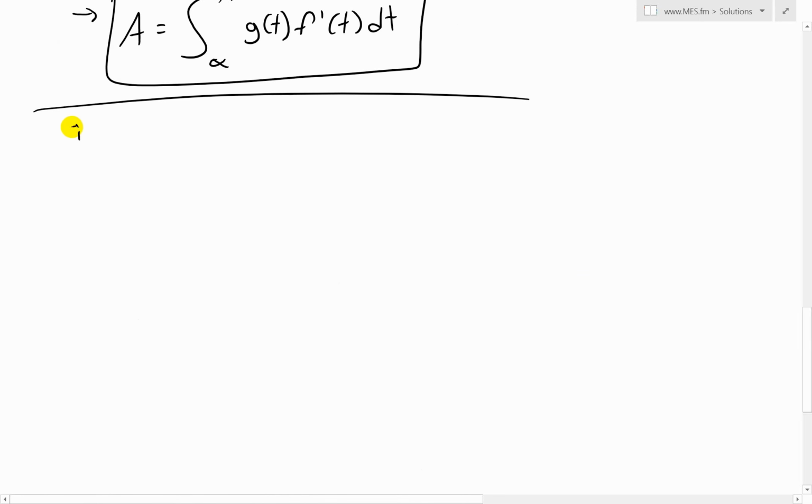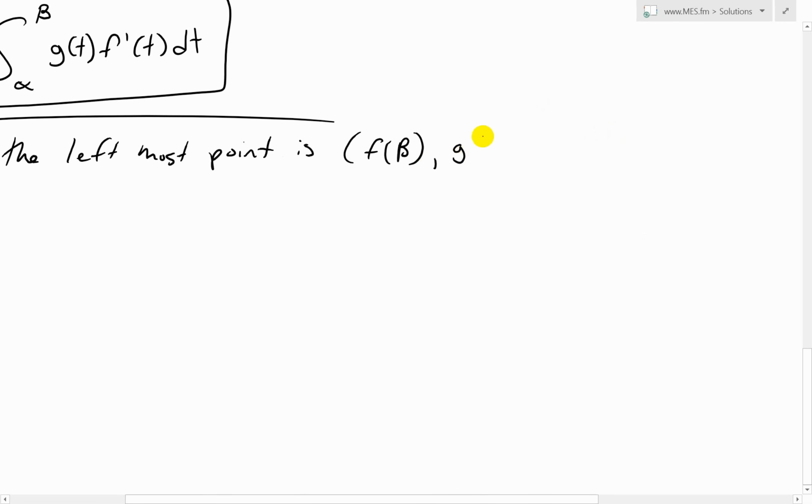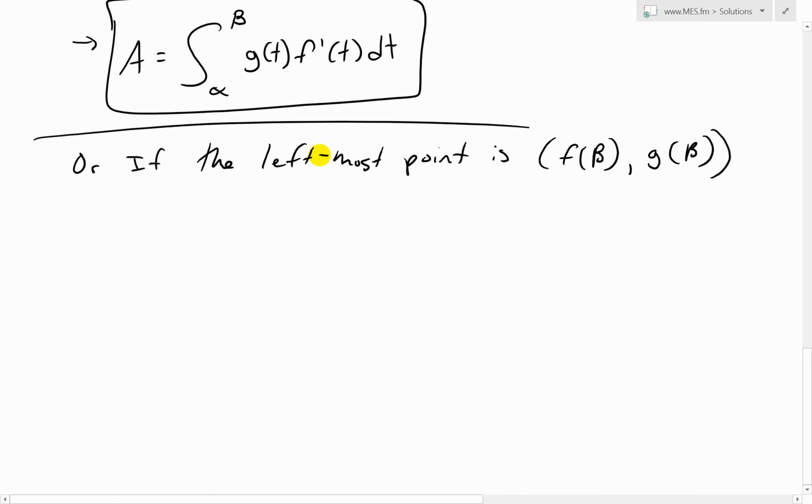So if the leftmost point is f of beta, which is the x coordinate, and g of beta for the y coordinate, then we could write this as the same thing, but we just move these around. So A is equal to the integral from beta to alpha of g of t, f prime of t dt.